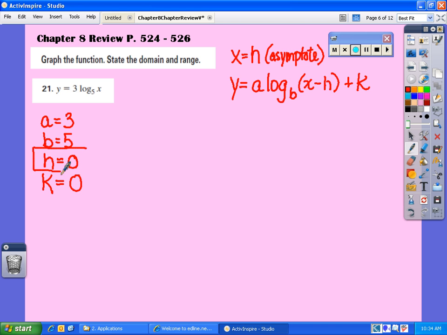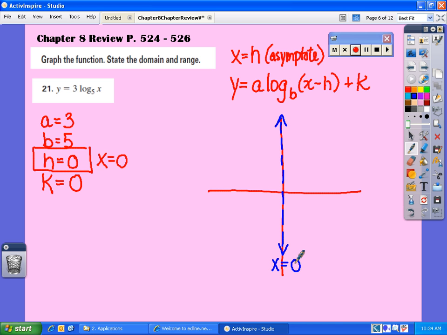This one is the one that will give us our asymptote, so we're going to have x equals 0 as our asymptote. You can put that in right away. It is a vertical asymptote on the y-axis. x equals 0.